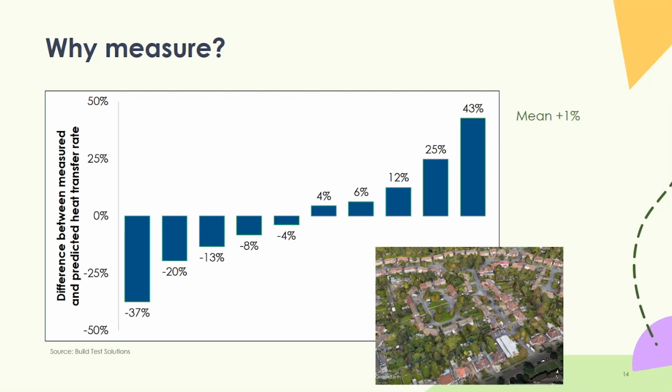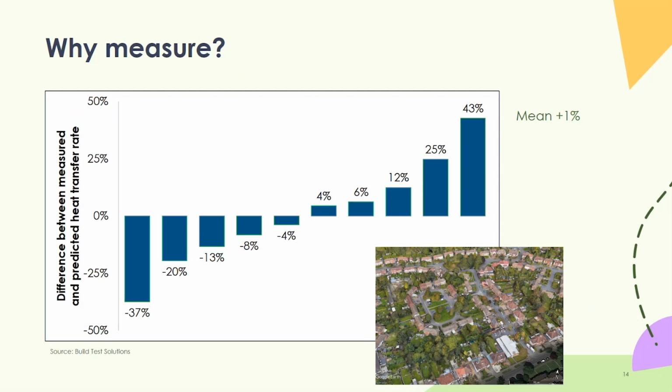On one hand here, this is 10 properties in total, by the way, this one bar is representing a single property that's got 43% higher heat loss than the EPC model had us believe. And this is purely comparing predicted heat transfer coefficient. So that extra heat loss is nothing to do with occupancy or any other variables like that. It's just how well the fabric performance has been modeled by the software.